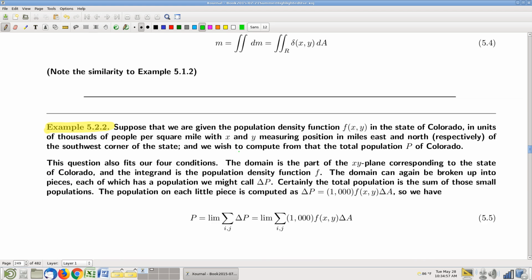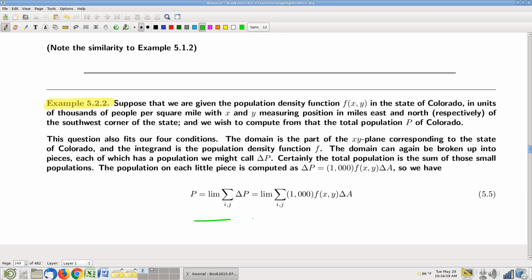And so, here's that development. Now, a little micro detail to worry about here. Notice that the population density function is called F, in units of thousands of people per square mile. So F being 1 means that there's 1,000 people per square mile.